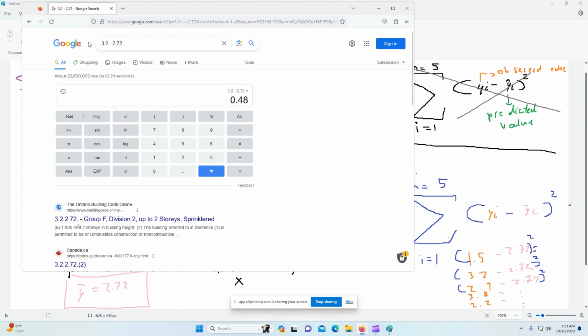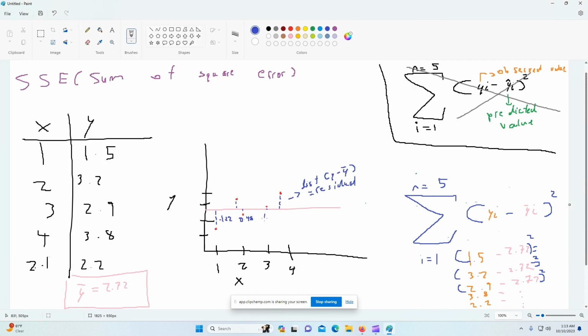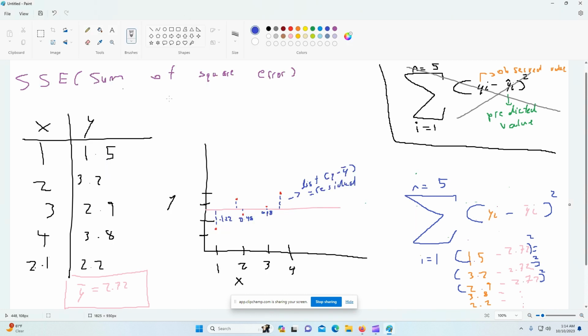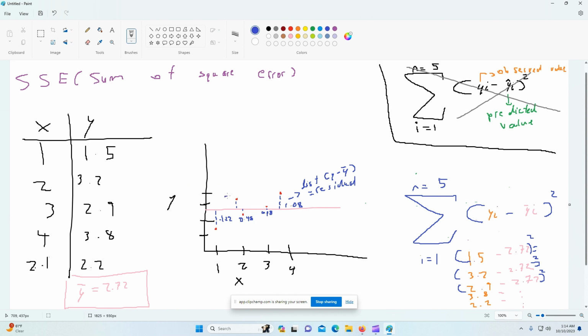And then 2.9, that's going to be 0.18. Right? So that means it's going up by 0.18. And then 3.8, so this is going to be 1.08, right? And then finally 2.2. So 2.2 minus this is going to be negative 0.52.